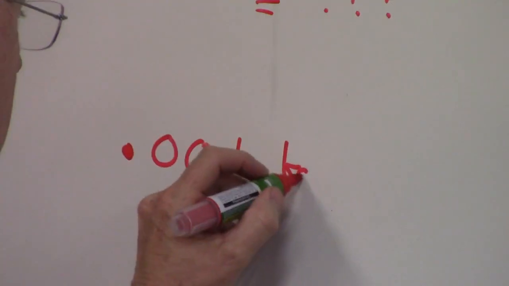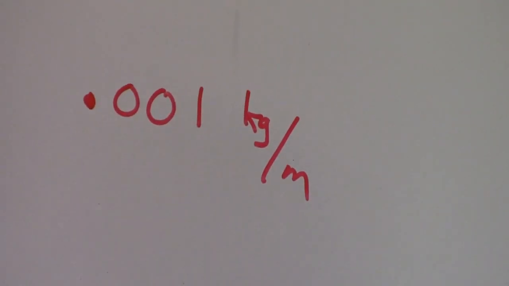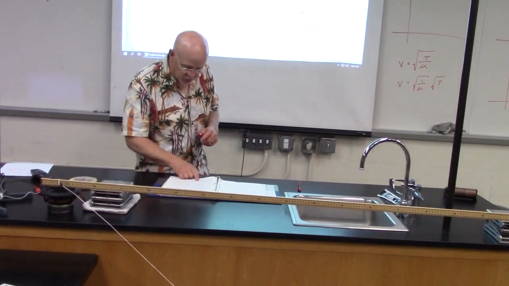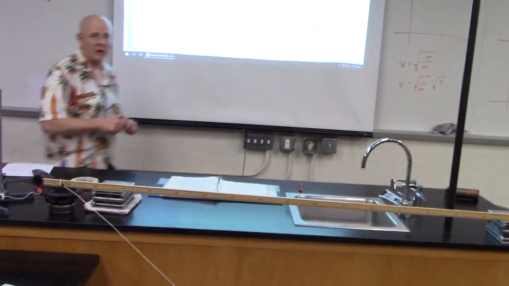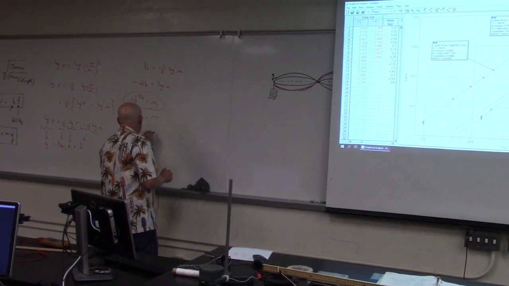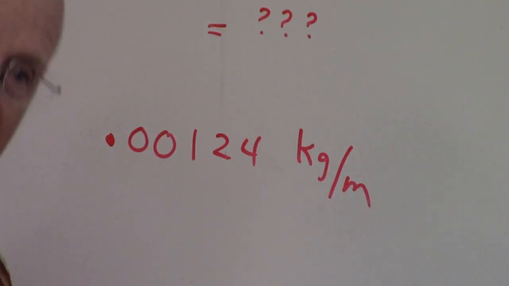0.001 kilogram per meter. That would be 1 gram per meter. That's probably somewhere around that heavy one. In fact, if I look at the data, the old heavy one was 1.24. So besides ignoring those numbers, don't get scared that your decimal places are way different.